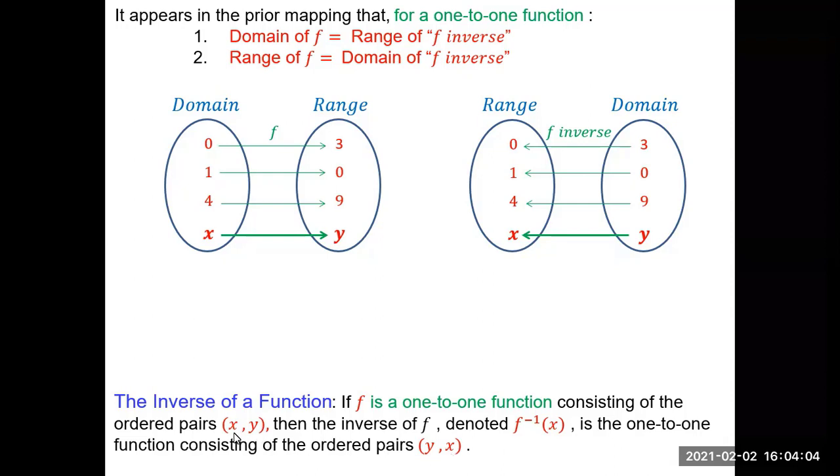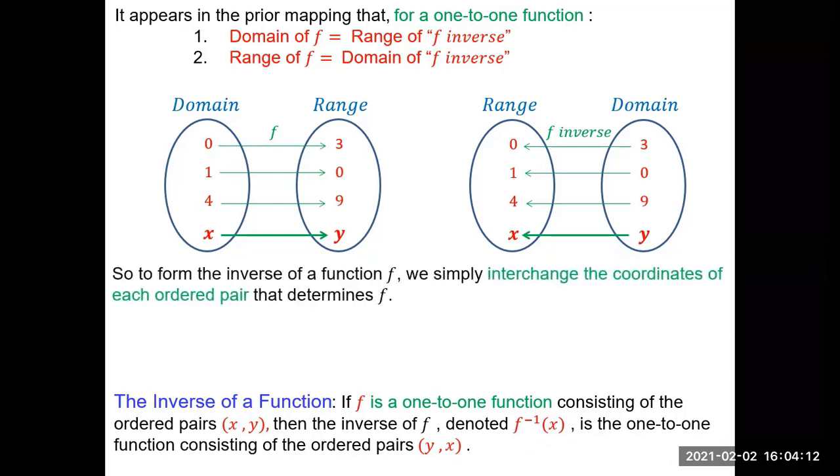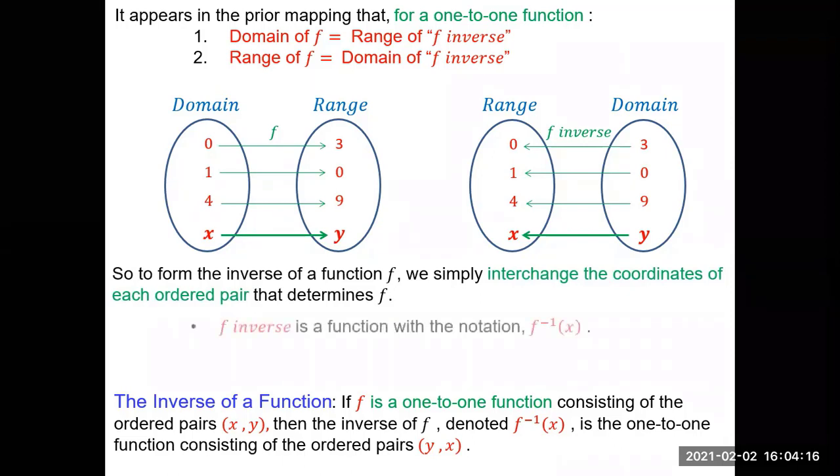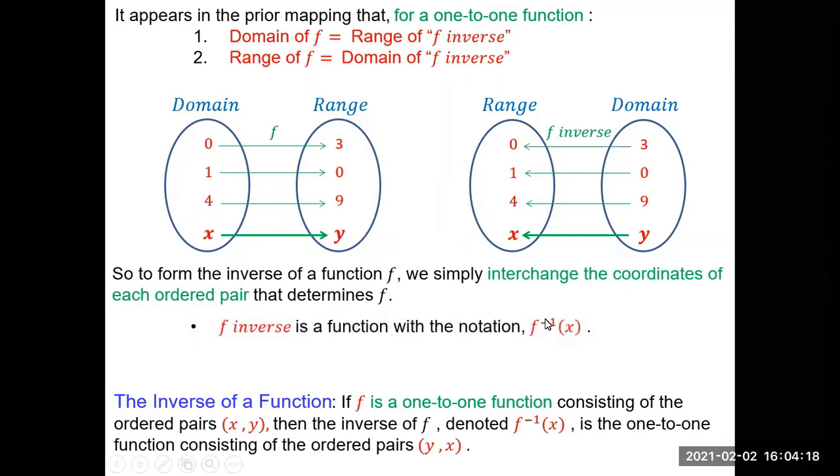So for every point x comma y on the function, f inverse of x has the point y comma x. So we're simply interchanging the coordinates of each ordered pair. And now we can recognize that f inverse has this new notation. We simply call this f inverse of x.